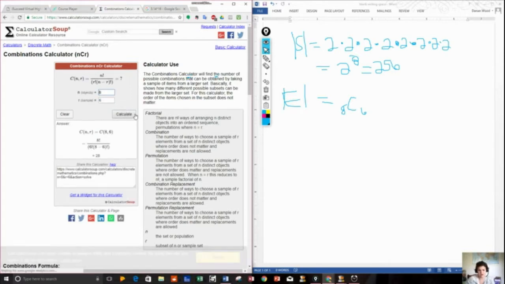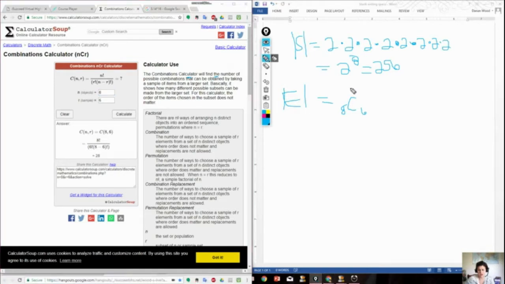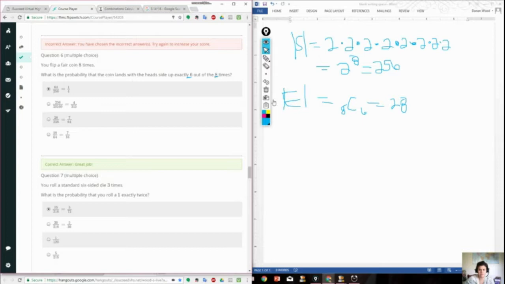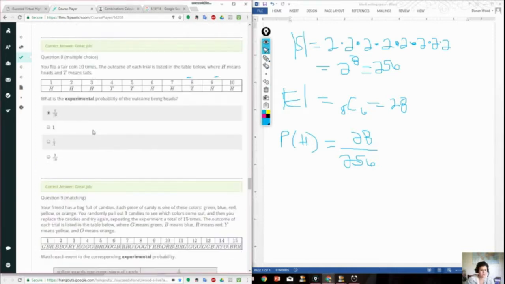We're going to calculate that, and it comes out to be 28. And so then we're going to come over to our course player, and our probability of heads happening exactly 6 out of the 8 times is 28 out of 256. So then we're going to look for 28 out of 256.